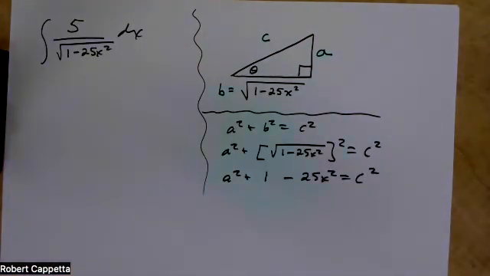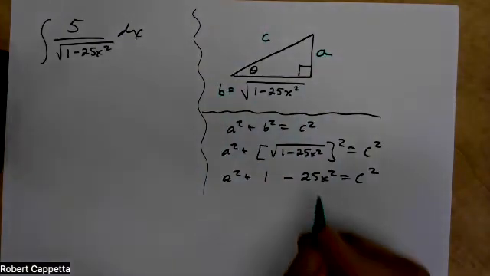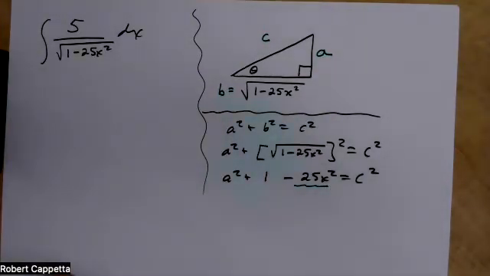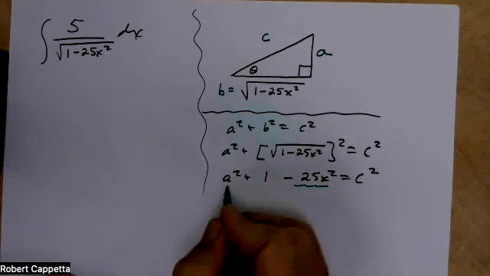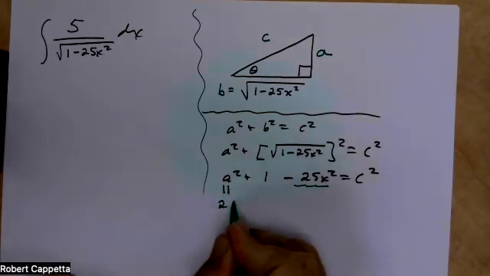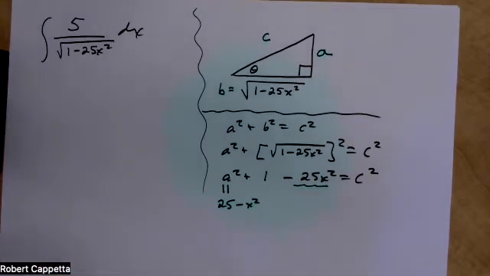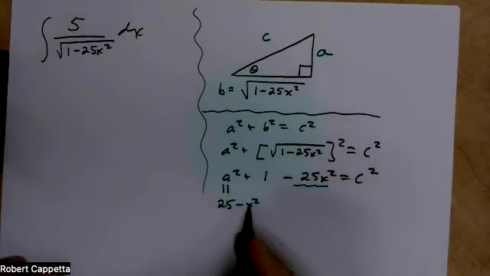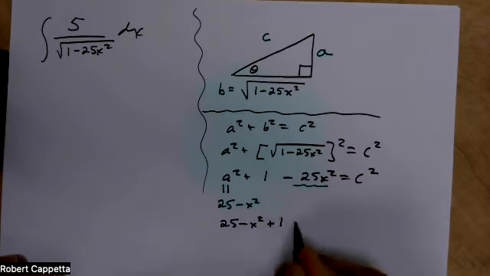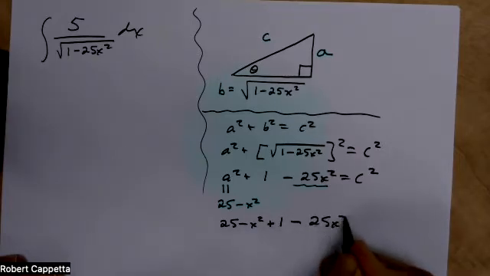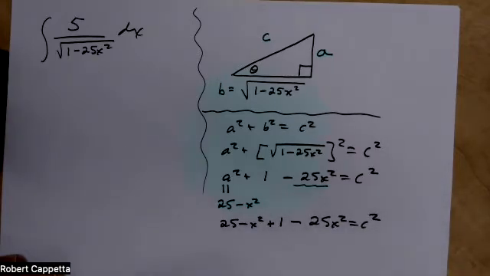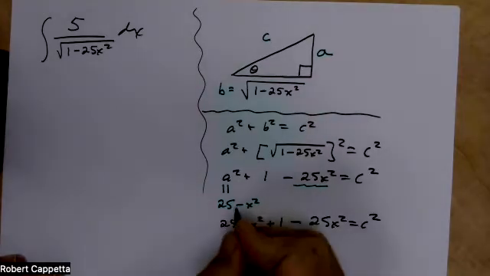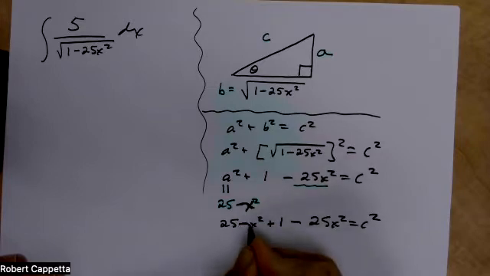I would like this to get as simple as possible. So notice, I have negative 25x squared here. I'd like all the x's to go away. So if I let a equal 25x squared, what would that give me? Excuse me, a is 25x squared.